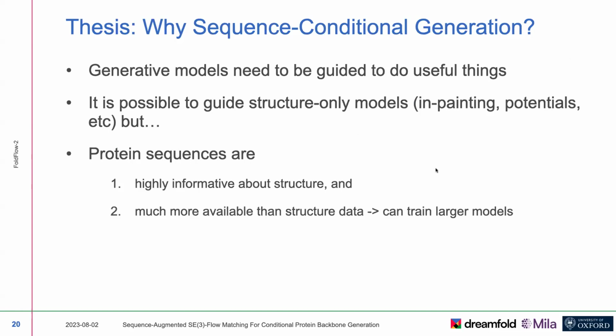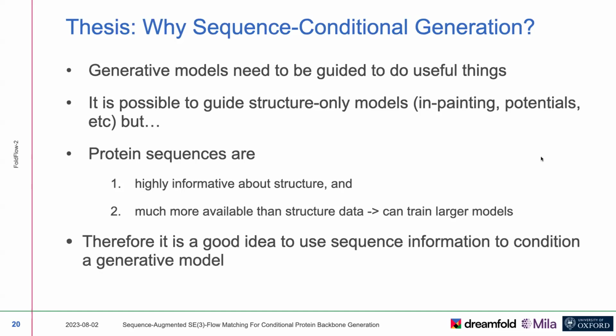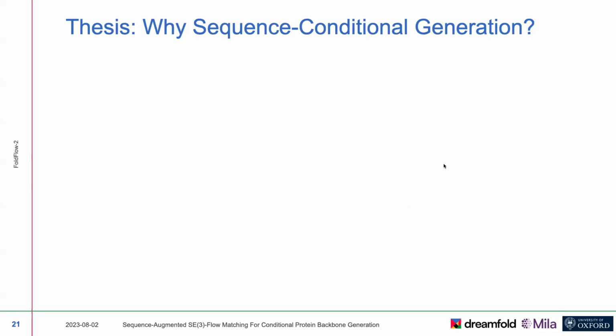They are also much more available than structure data. So we can approach larger scale machine learning problems if we are able to train on sequences. Given that, we think it is a good idea to use sequence information to condition a structure generative model.